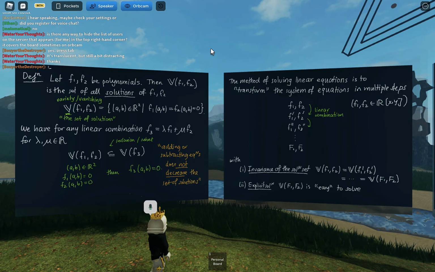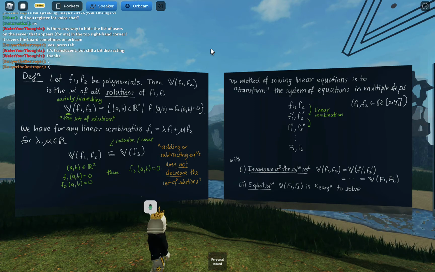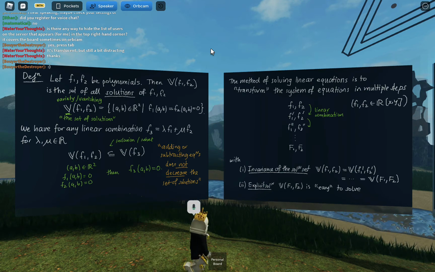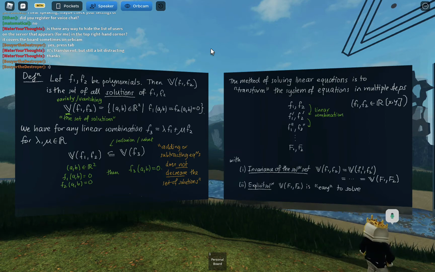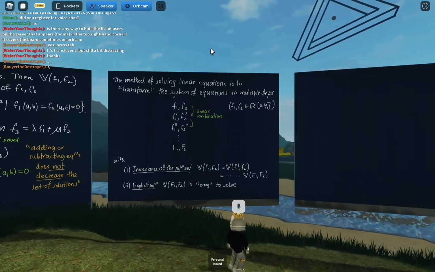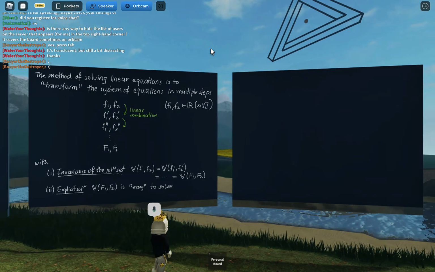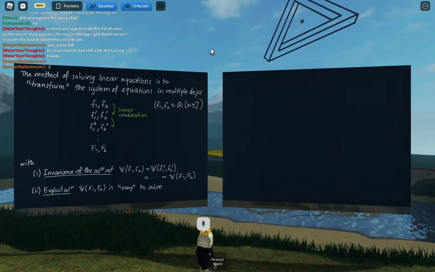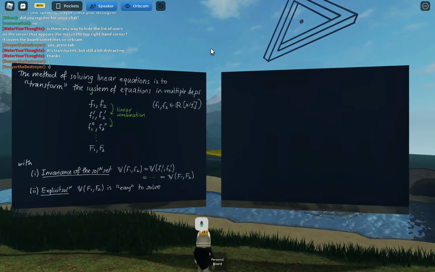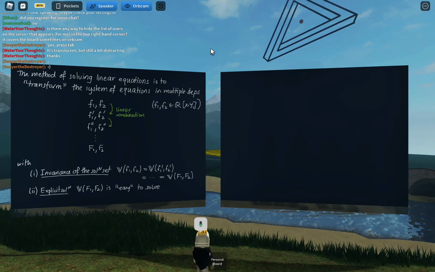Well, in our example, F1 was literally X and F2 was Y, so it's easy to solve that. It's just on its face telling you the answer. Okay. So that's the method. That's how we hope to solve a system of equations, with this idea of both having transformations and having the end result be somehow already solved, or kind of obviously solved, or easy to solve.